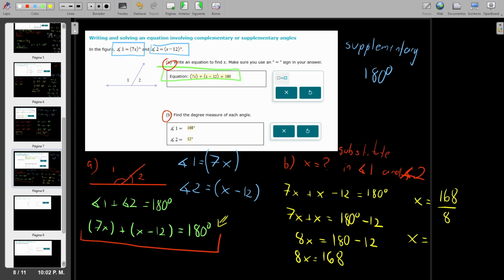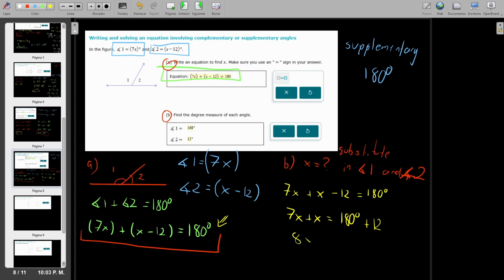Okay, it seems that I did a little mistake before. Sorry about that. I'm going to be erasing this part. Why? I'll explain it here. Because this part, as you can see here, the value of 12 was negative. It goes to the other side positive. So it's going to be 12.